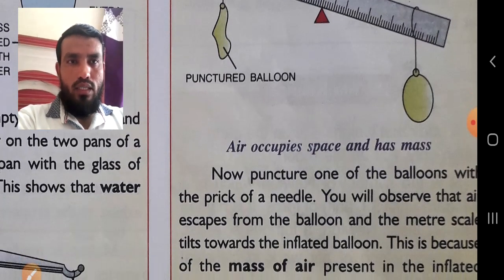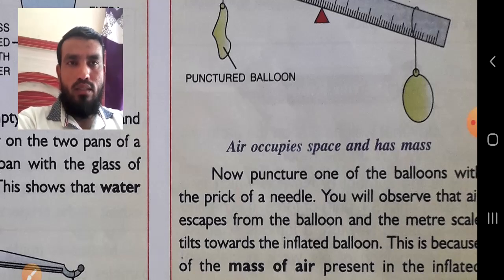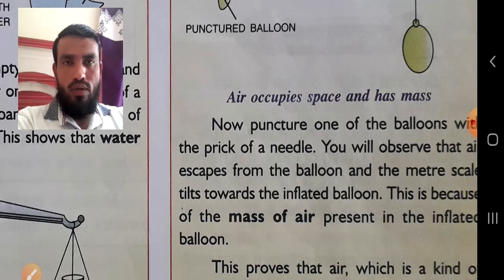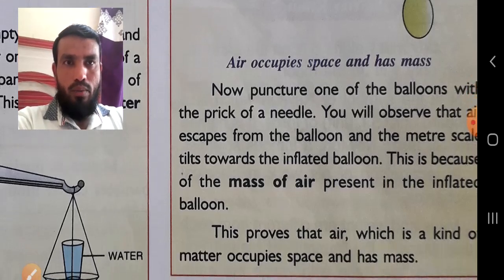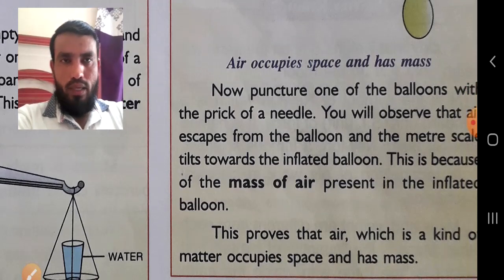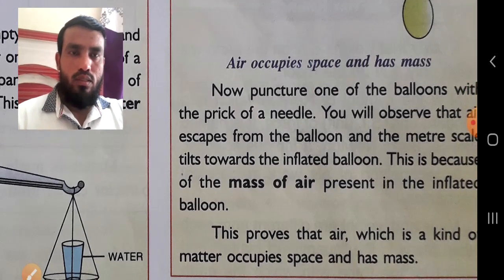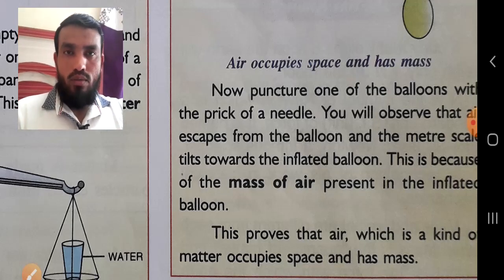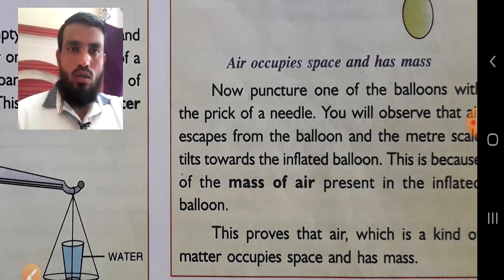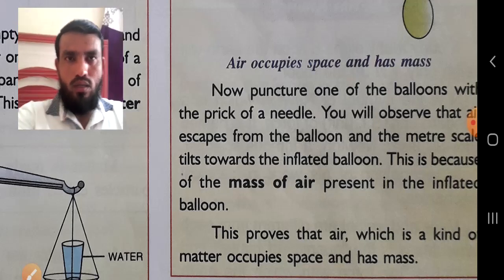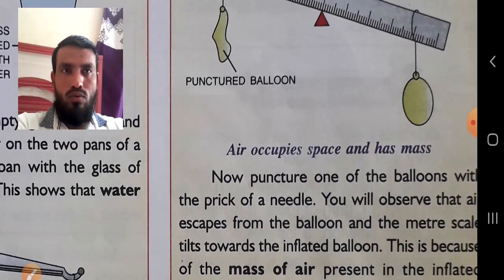So air occupies space and has mass. Air occupies space, because when you are blowing the balloon, you can blow it up to a certain limit, right, up to the limit of the balloon. It is occupying space, and the balloon will not remain in the same shape, because after blowing air into it the balloon becomes bigger. That proves air occupies space, because of occupying space only the balloon will blow up.